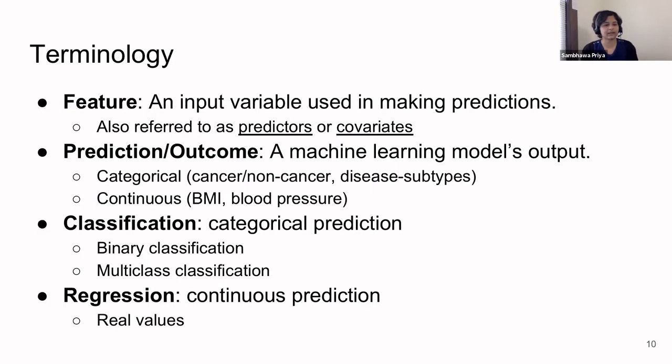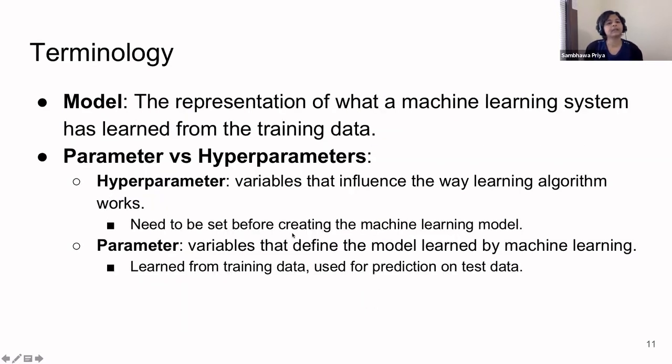Then regression refers to continuous prediction and involves real values. We'll see a little bit more detail on classification and regression later. And then model. The model is the representation of what a machine learning system has learned from the training data.